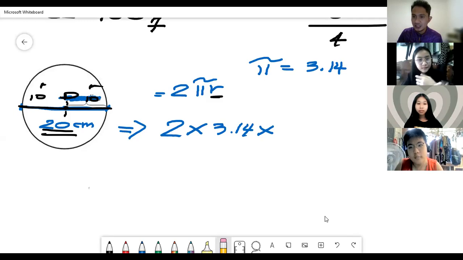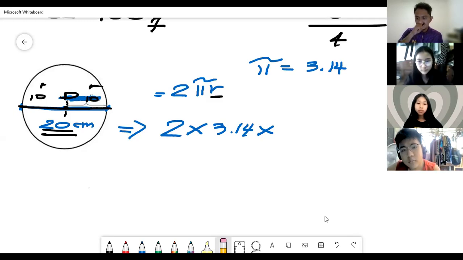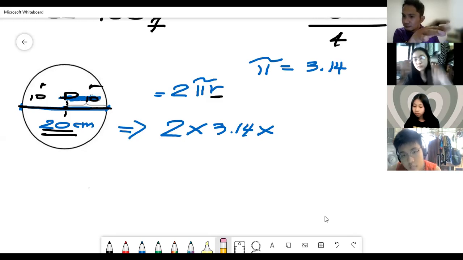Remember to get the circumference of a circle. I will share a video with you later, and you'll study by yourself about pi. Now, look at the question, example number 2. Diameter is 20, but the formula is 2 pi r.